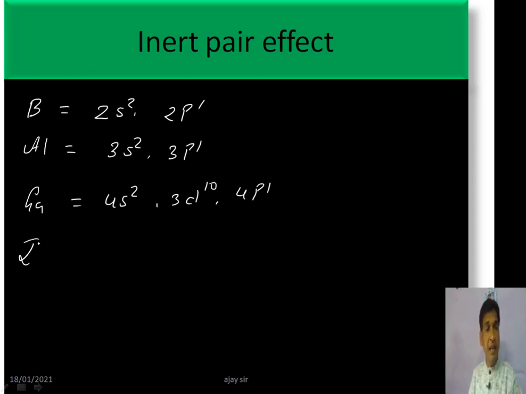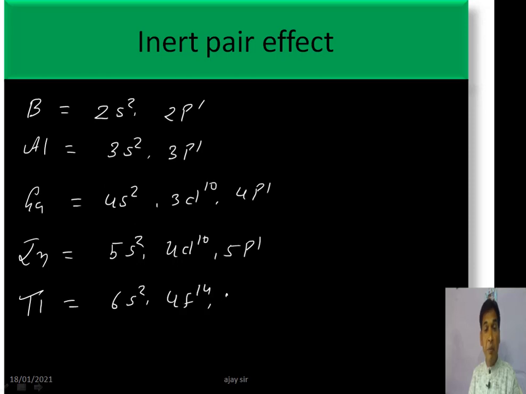Next is indium. The outer shell is 5s2 4d10 5p1. It means the 10 electrons of the 4d subshell do not protect the 5s electrons from the attraction of the nucleus in the case of indium. Next is thallium: 6s2 4f14 5d10 and 6p1.